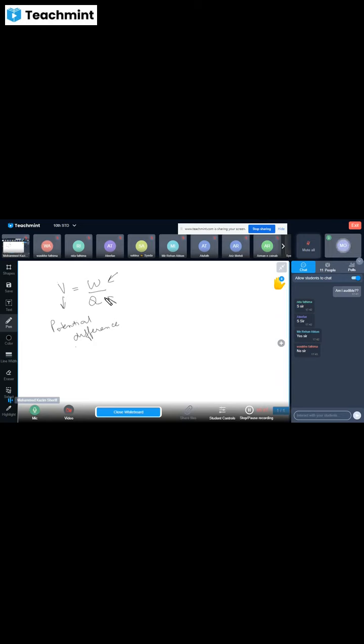Now, the work done to move a charge from one end to the other end is the potential difference.